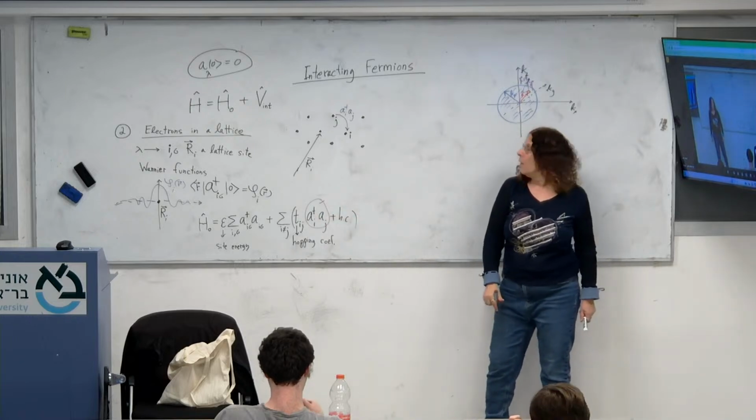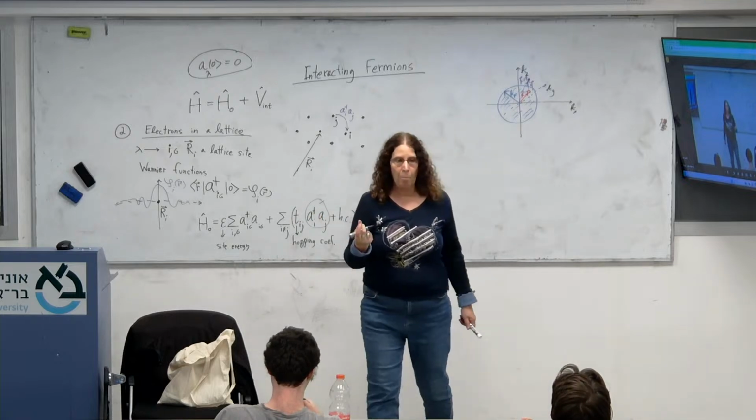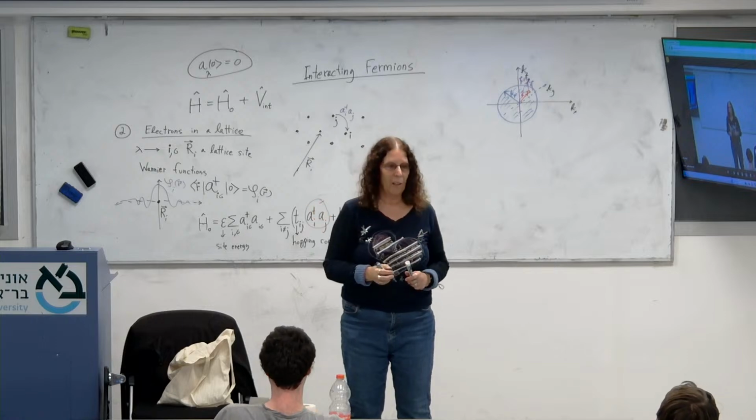And T_ij is a number that describes how probable it is.